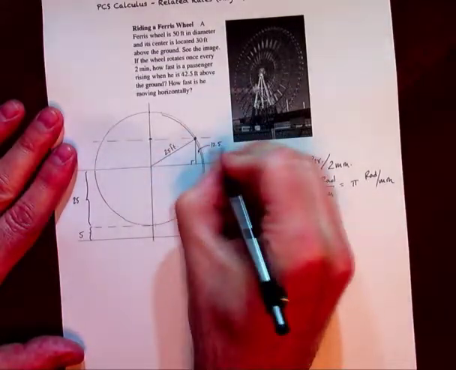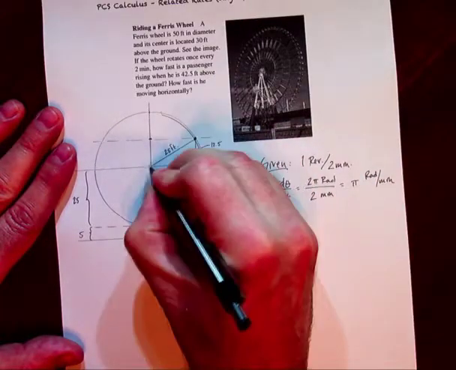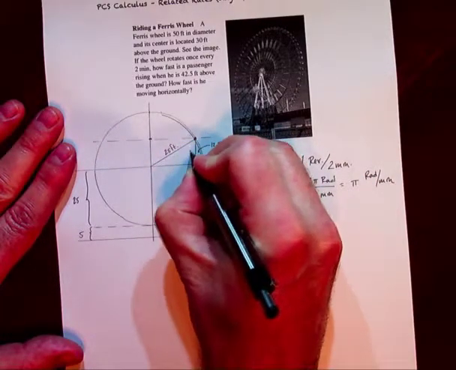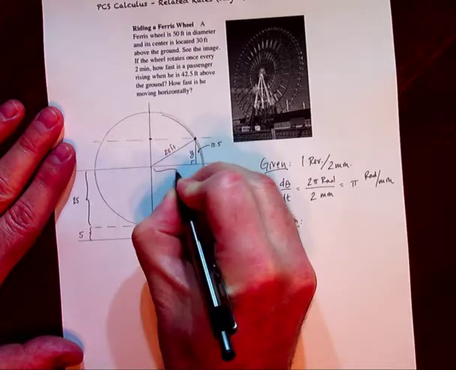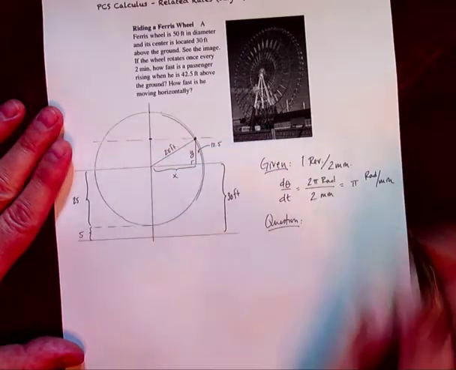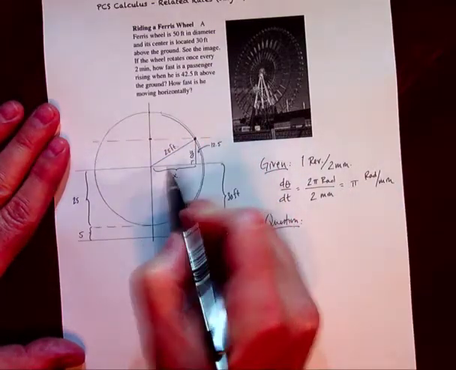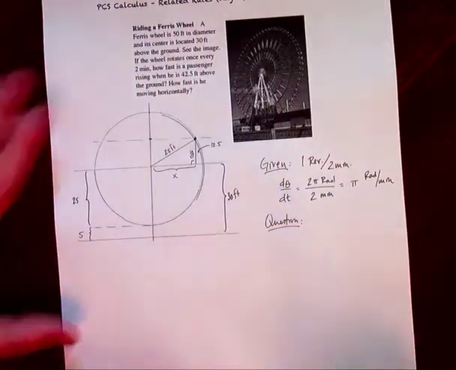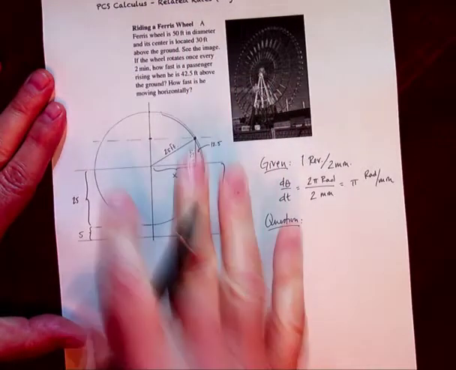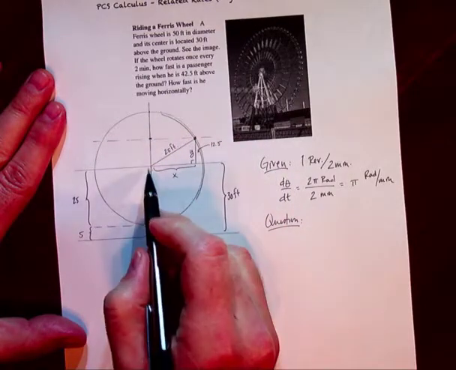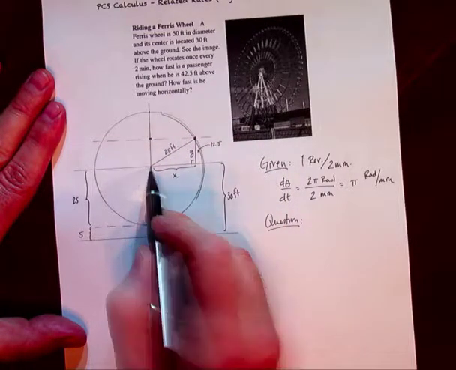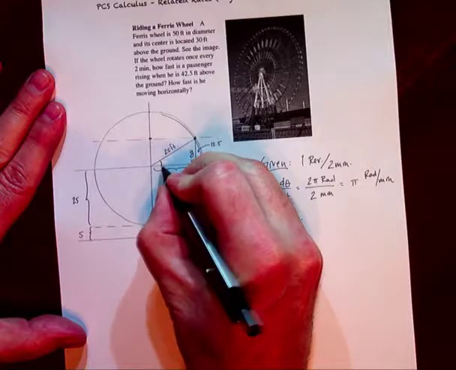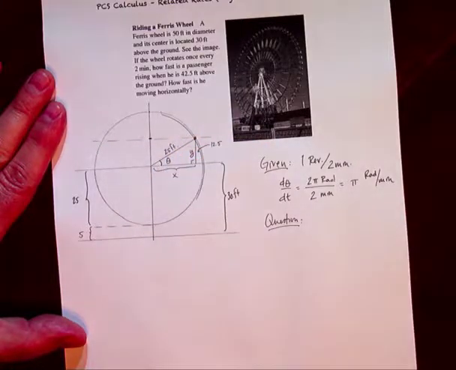And of course the 12.5 is conditional information. This 25 doesn't change. This is our y. This right here is our x. But in terms of the conditional information, we should note that if we lay a Cartesian plane on top of the Ferris wheel, making the center of the Ferris wheel the origin, this angle right here is my theta.